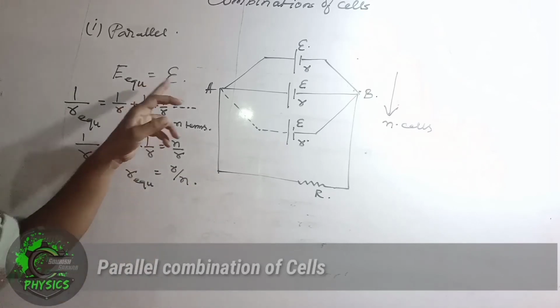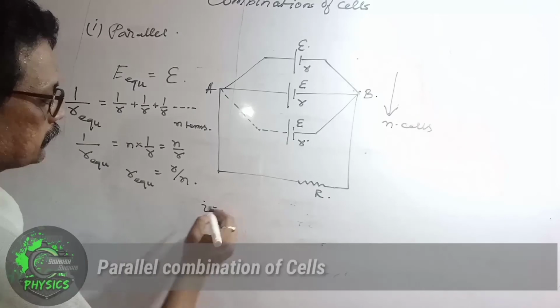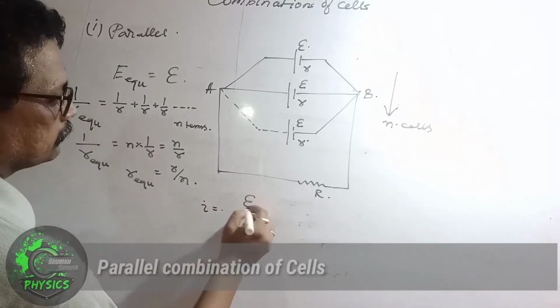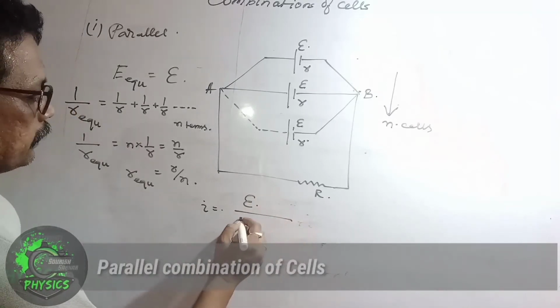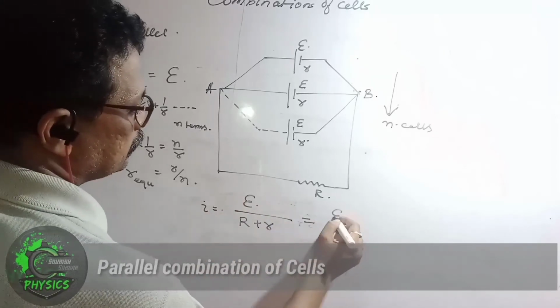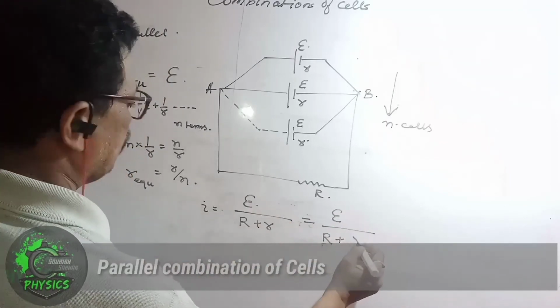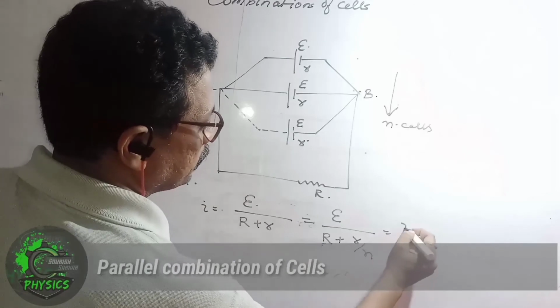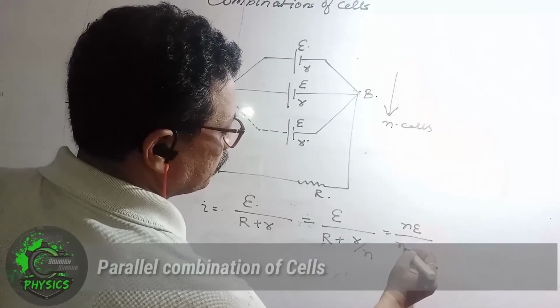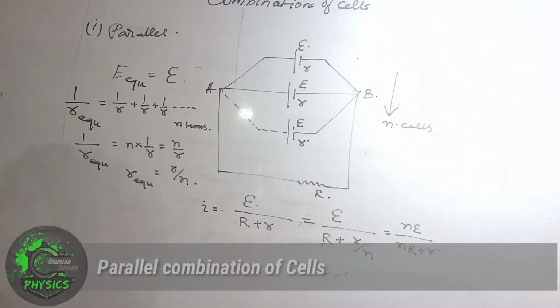So equivalent EMF is E, and equivalent internal resistance is r by n. What is the current flowing through the circuit in this case? I equals E divided by capital R plus small r is the formula. Here E is E only, capital R is capital R only, and small r is r by n. So it is nE divided by nR plus r. This is the equation of current in parallel combination of cells.